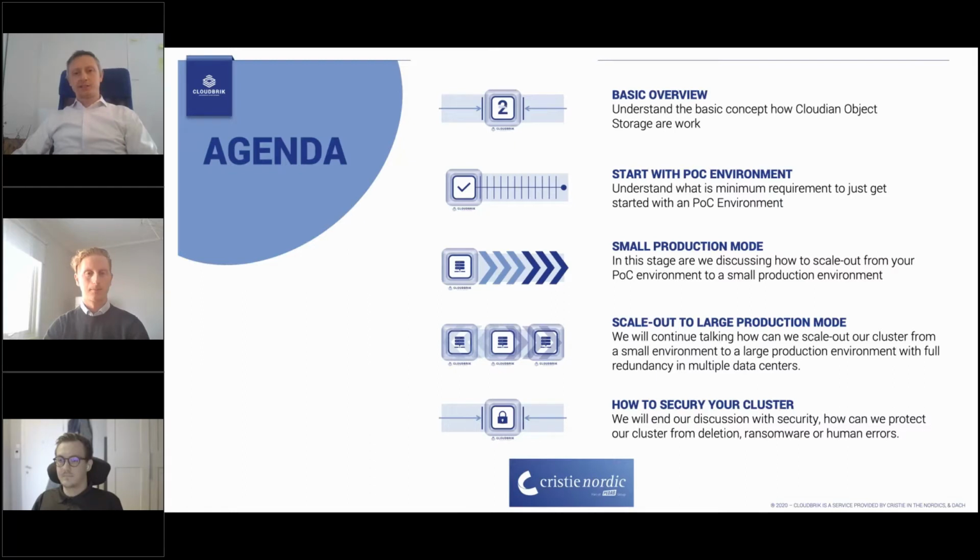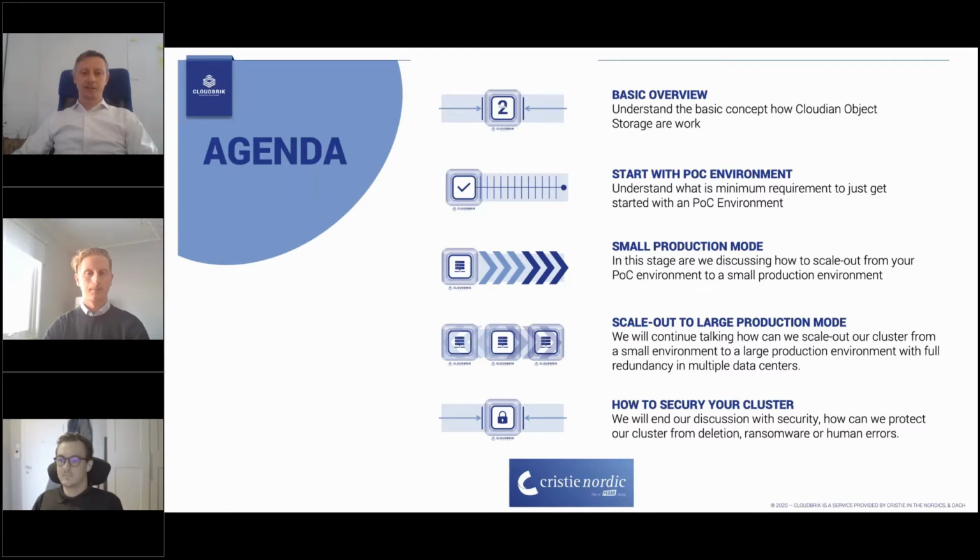So this is our agenda. First of all, a basic overview. What is actually object storage? What is S3? After that, how can I start with a POC of S3 and object storage? How can we scale that POC to a small production environment and then scale out from a small to an enterprise-like environment?